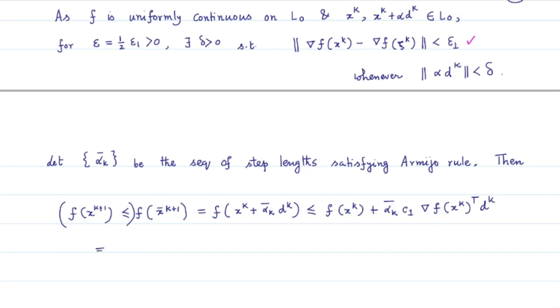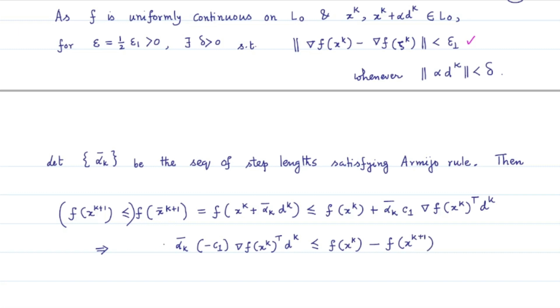So we then have alpha_k bar times minus c1. We are bringing this portion to the left, so grad f(x_k) transpose d_k is less than or equal to f(x_k) minus f(x_{k+1}).